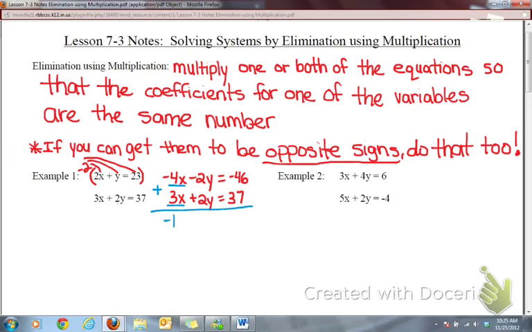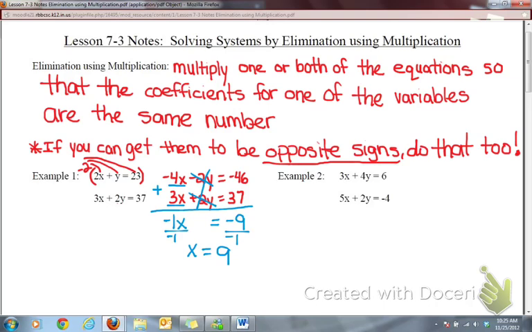That's negative 1x. Again, the y's go away. Negative 2y plus 2y is 0. And negative 46 plus 37 is negative 9. Use your calculator if you need to, but I think it's negative 9. Divide by negative 1 to get x by itself, so x is actually going to equal positive 9.